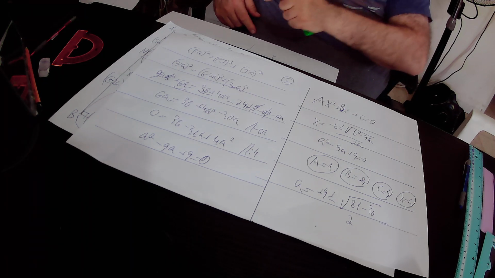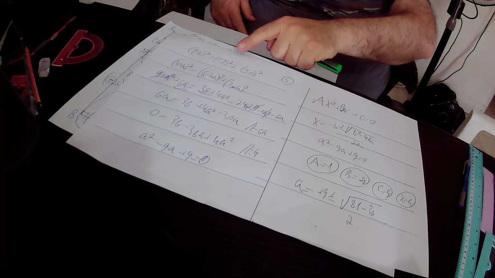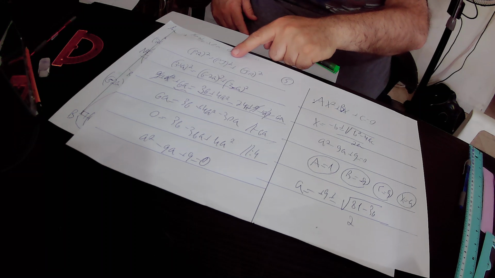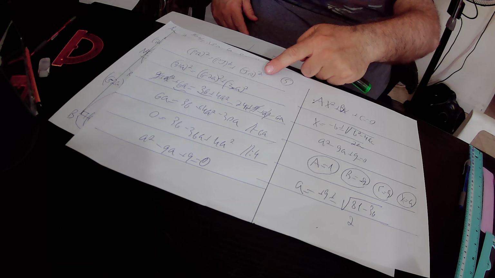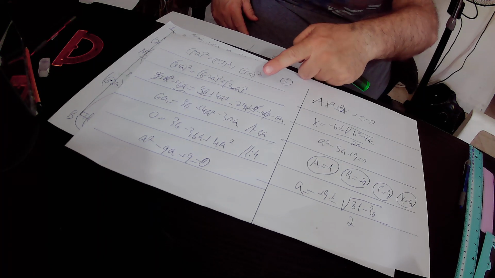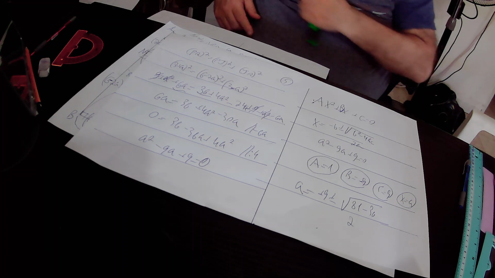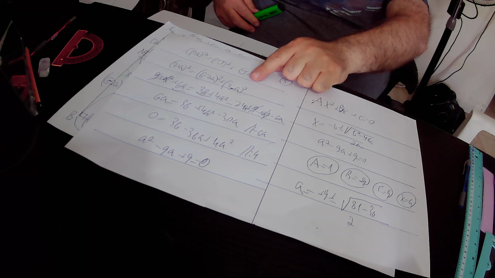PQ is the hypotenuse, that is 3 plus A, therefore PQ squared is (3 plus A) squared. PJ is 6 minus 2A, therefore PJ squared is (6 minus 2A) squared, plus JQ squared. JQ is 3 minus A, therefore JQ squared is (3 minus A) squared. In conclusion, we found out that (3 plus A) squared equals (6 minus 2A) squared plus (3 minus A) squared.